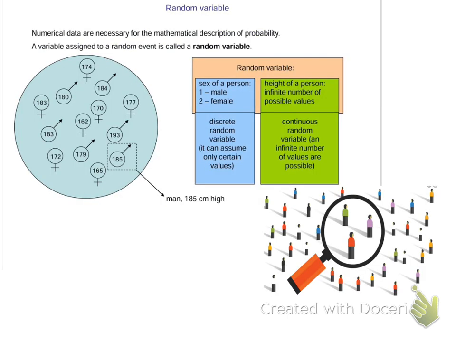In this slide, we are going to discuss random variables. Here, we cannot make a survey or statistics for the whole population. For example, I have this circle, this is the population, okay? But I cannot count everything inside this population.